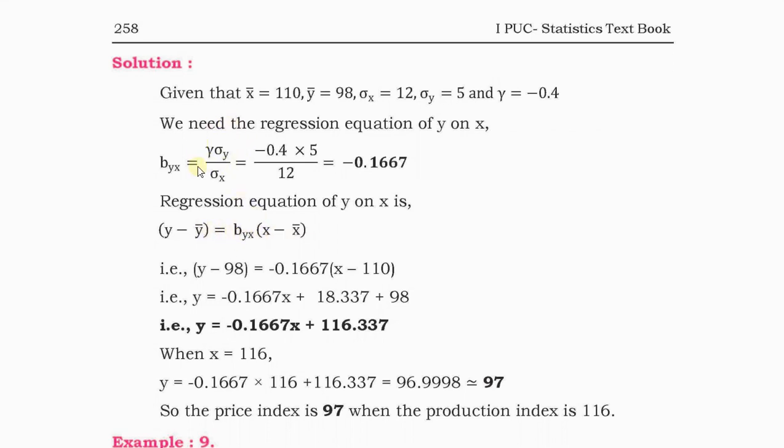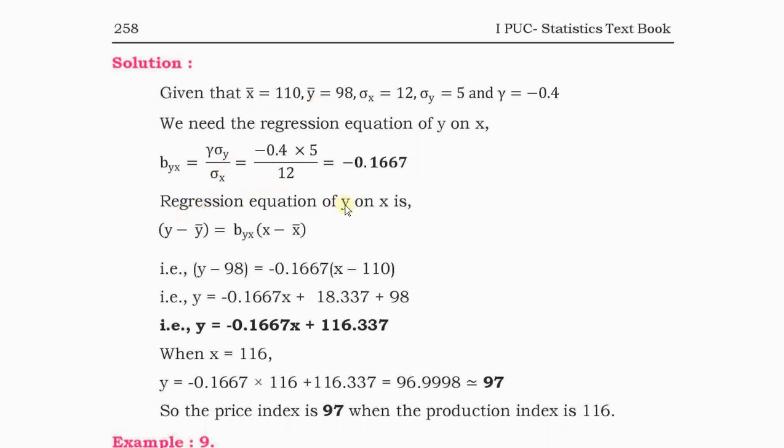So for byx, we have another formula: when we have the correlation coefficient and standard deviations, we can go for this formula here. Correlation coefficient into standard deviation of y divided by standard deviation of x, that is minus 0.5 into 5 divided by 12, that is 0.1667. Now we already have the x bar value and the y bar value.